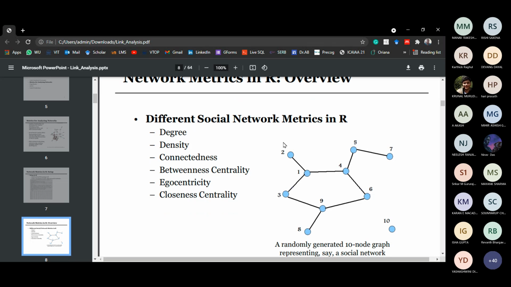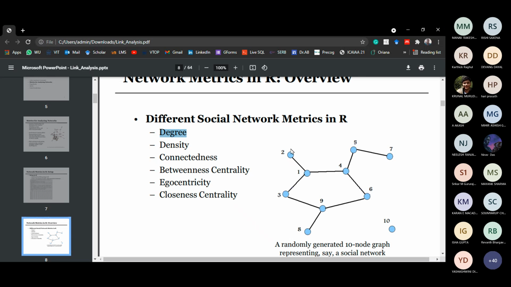Now if we look over here, wait, I'll just open it in Microsoft Edge so that I can edit. Okay, so the first metric is degree. You know what degree is? Degree is nothing but the number of connections a node has in a network.